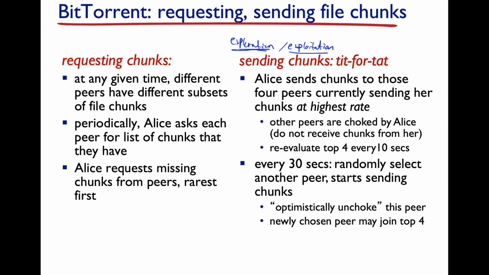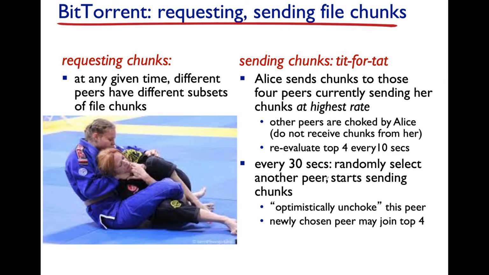And the hope is that maybe she might stumble upon a peer that could eventually become a better trading partner than her top trading partners. And so every 30 seconds, she optimistically unchokes another peer, and the hope is that this newly chosen peer may join the top 4, because you never know. So you could say that Alice knows jiu-jitsu. She's choking and optimistically unchoking her peers.